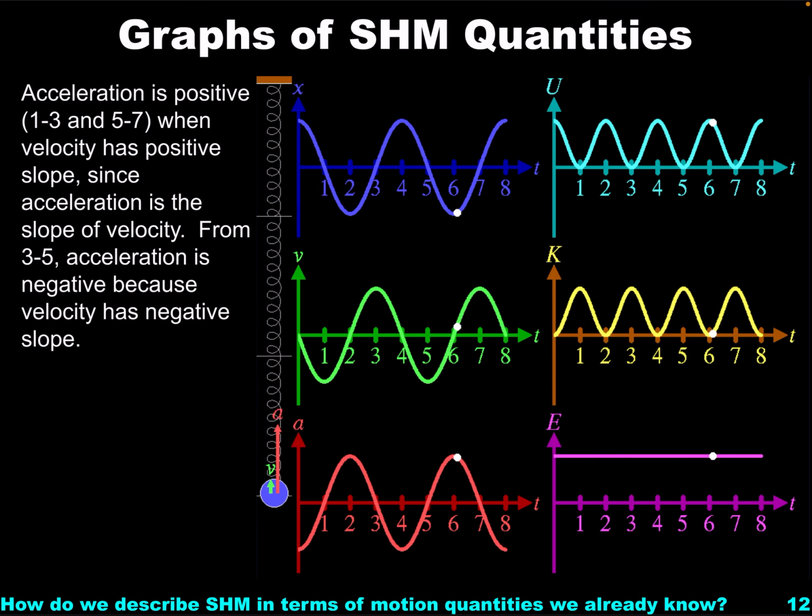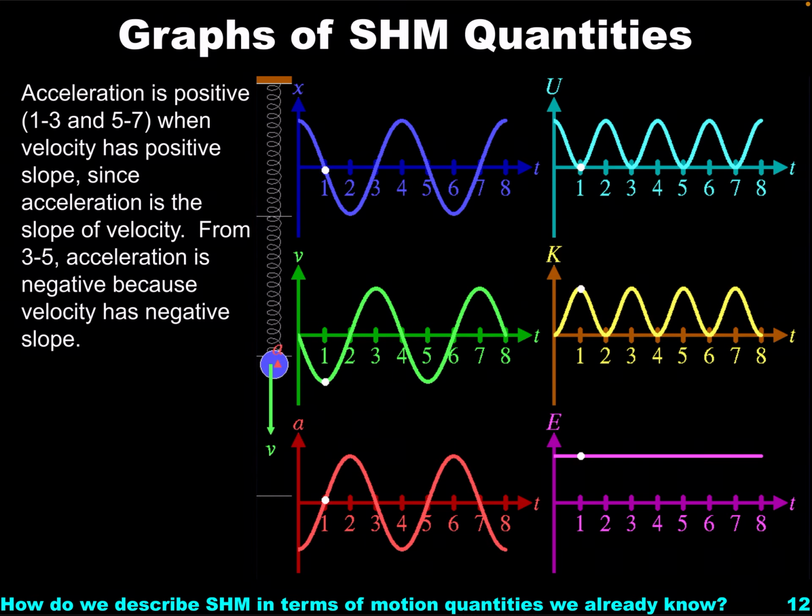Now let's take a look at the velocity and the acceleration. If we look at the green velocity graph, you'll notice that between 1 and 3 seconds it is sloped upward and positive. And from 5 to 7 seconds, it is also sloped upward and positive. Those correspond to positive acceleration.